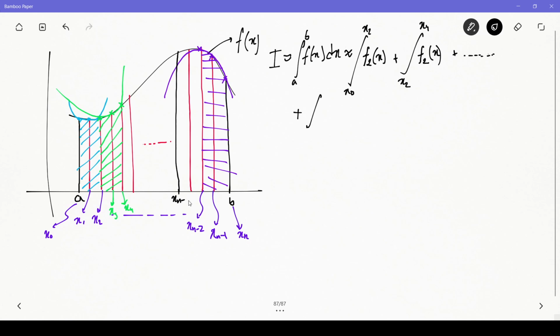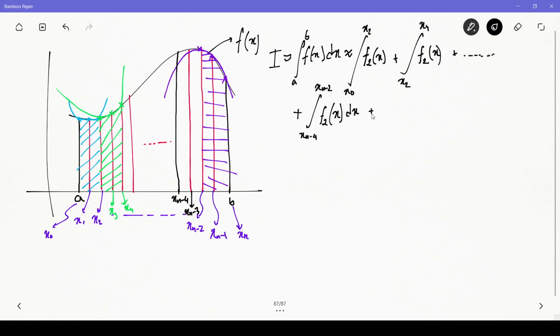So this is x of n minus 4, and this is x sub n minus 3, right? Fine. So our second last pair of segments has the area which is the integral value of another second order polynomial f sub 2 of x with respect to dx, between the ranges x of n minus 4 up to x of n minus 2.